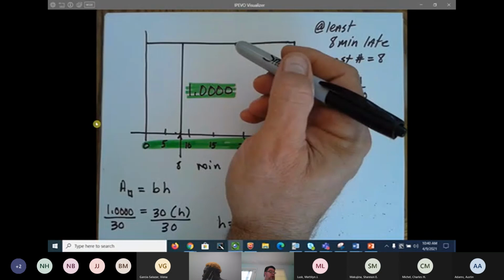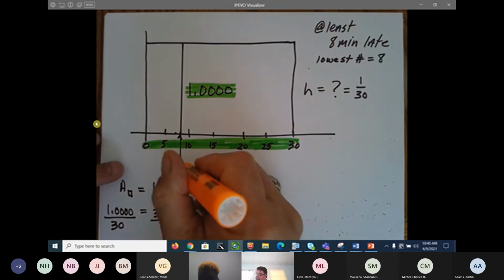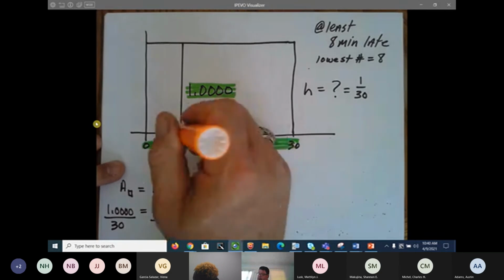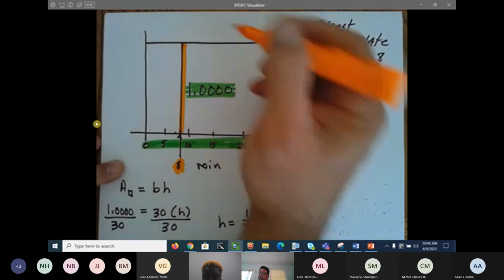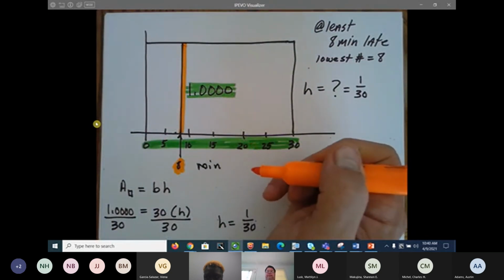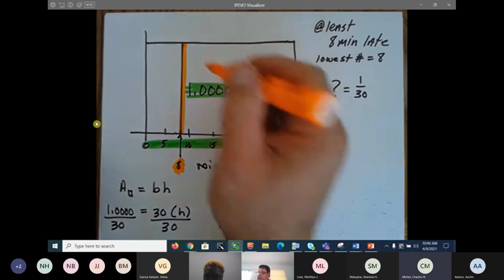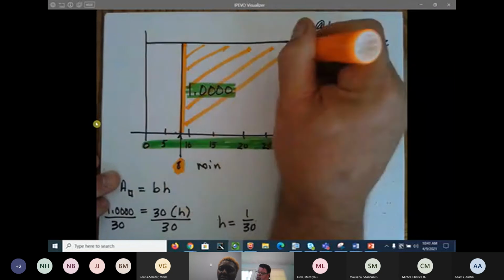And you are asked to find the probability at 8 minutes or more. Somebody tell me on a number line, what is more, to the right or to the left? To the right. So you're going to find the area in orange.